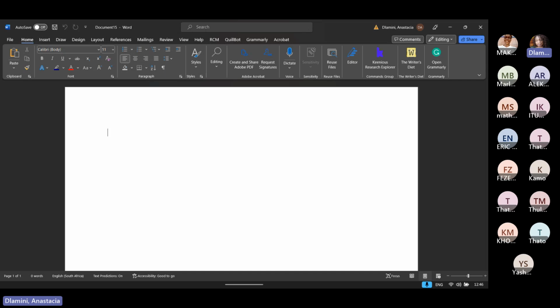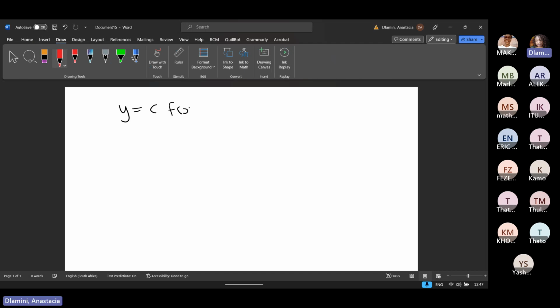Vertical stretching and shrinking of a graph, on page 202. They say that if you have this graph f of x, and c is greater than 1, it means you stretched the graph of f of x vertically by a factor of c.